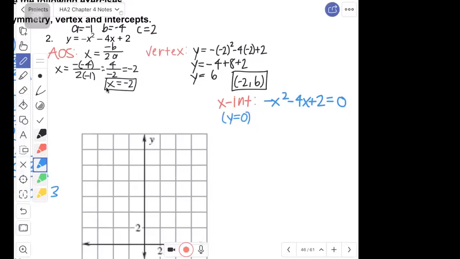I didn't get anything yet. Oh, all right. So let's do it together. Were you able to easily factor this in any way? Factors of 2 that add, or factors of -2 that add to -4? No, there aren't any. So Gabby Snyder, what do you think we should do? Put it into the quadratic formula. Yeah.